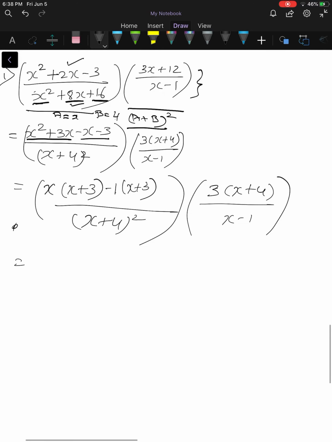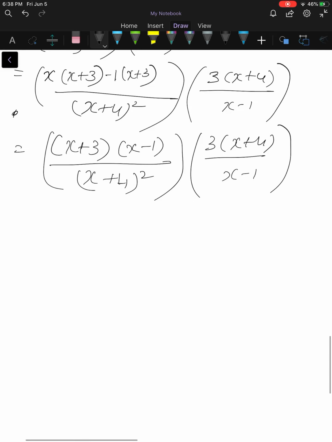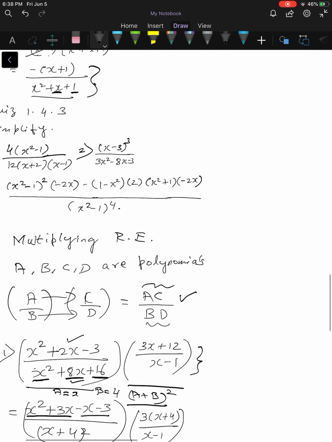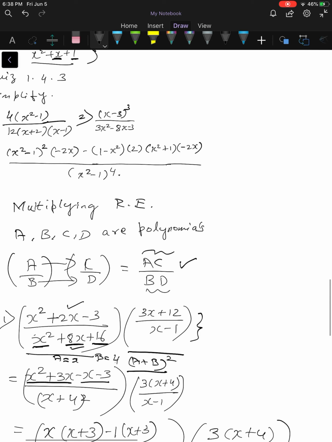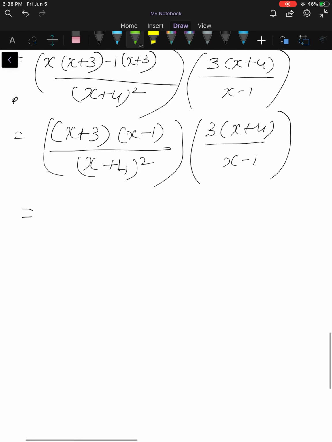Now do the process again. In the first two terms x plus 3 is common. You are left with x minus 1, and this would be x plus 4 the whole square times 3 of x plus 4 divided by x minus 1. Now carry out the process of multiplication that we discussed above.